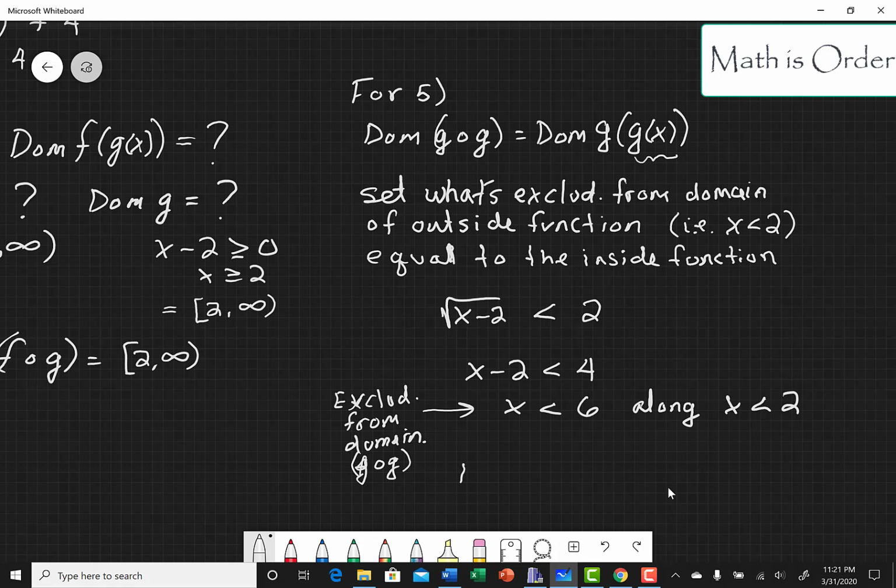So the domain of g composed with g is everything other than that. And everything other than that is x greater than or equal to 6, right? And let me write this a little better.